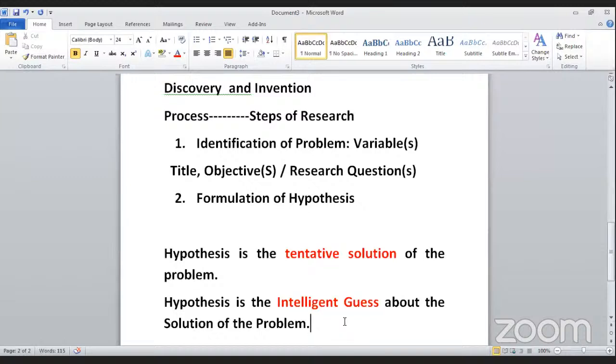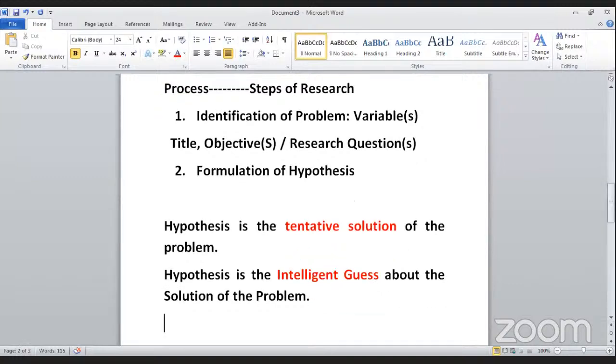Then it is just a guess which does not have any base. So hypothesis is not the final solution, it is the tentative solution. So hypothesis is not a guess, it is the intelligent guess.